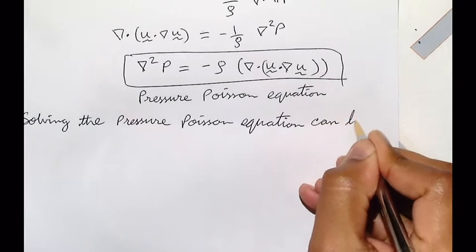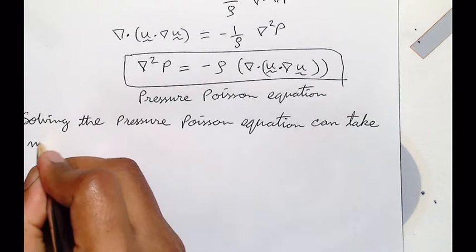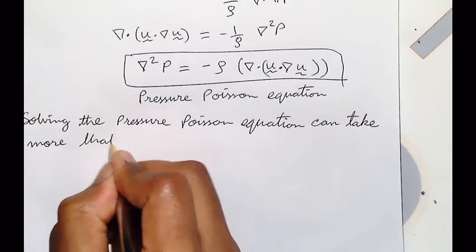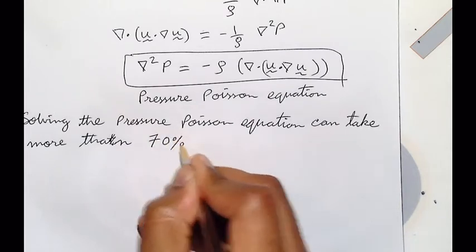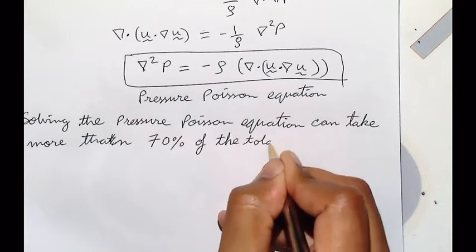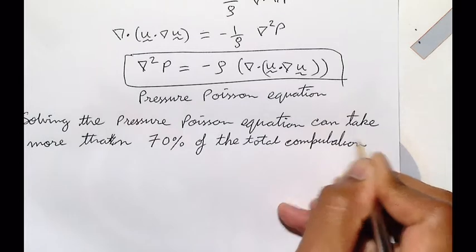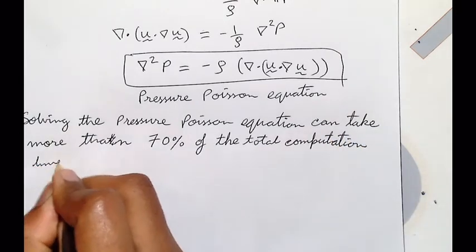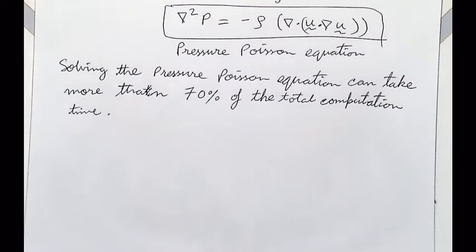Solving the pressure Poisson equation can take, let's say, more than 70% of the total computation time. It's closer to 90%, and it's the most troublesome thing to do in computations.